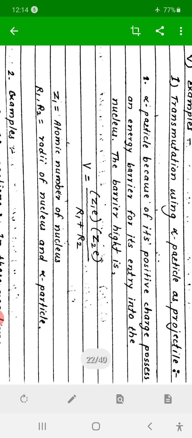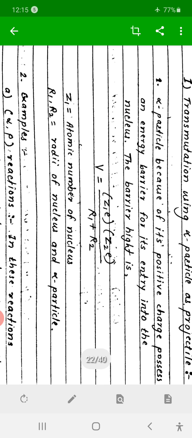If alpha particle is a projectile, it possesses plus plus charge, 2 positive charge, and the target nucleus is used for bombarding. That target nucleus is also positively charged.